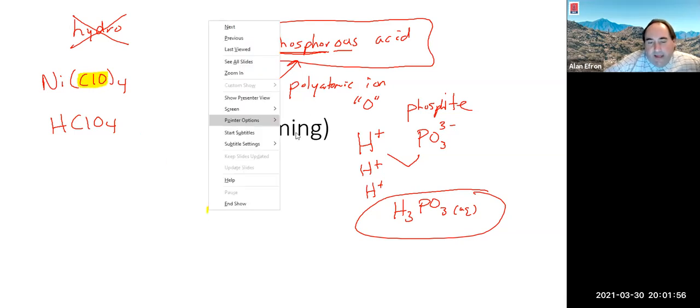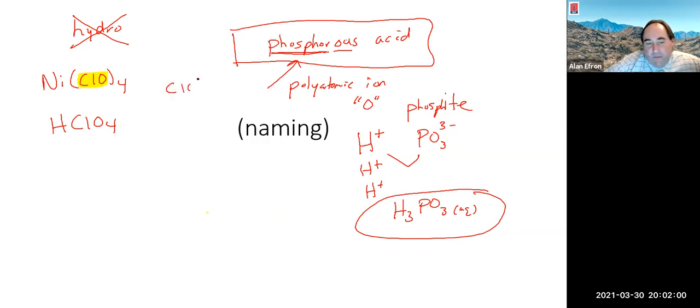And if we pulled that out, what that really means is we have ClO minus. And not that the 4 is part of the polyatomic ion, but it means we have 4 of those ClO minus units. And the name of ClO minus is hypochlorite, which is why we named it, I hope, hypochlorite the last time.